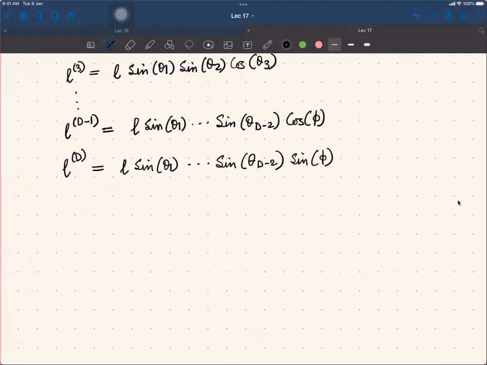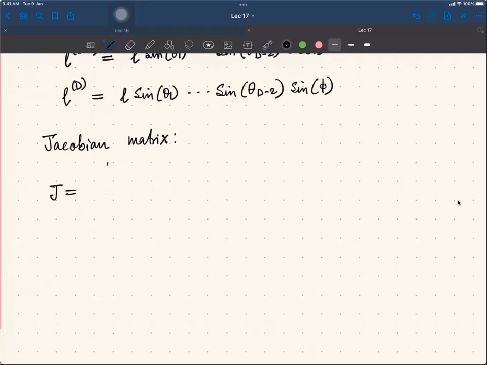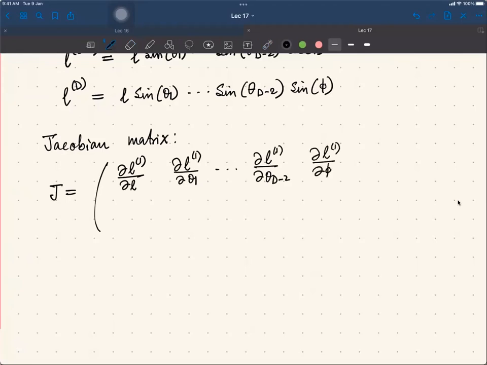Then the Jacobian matrix will be given by J: del L1 del L, del L1 del theta 1, and so on up to del L1 del theta d minus 2 and del L1 del phi. Similarly, del L2 del L and so on.